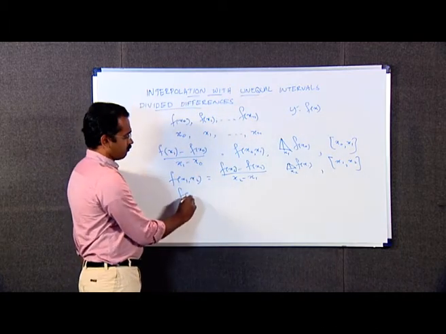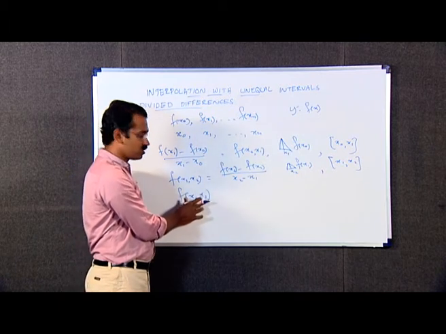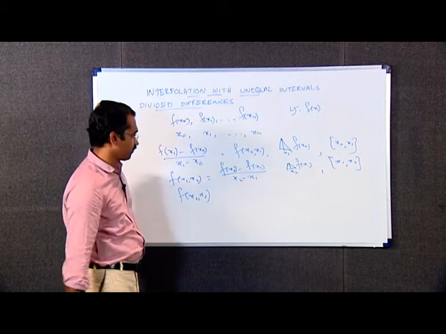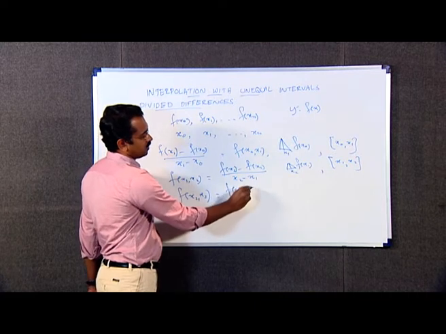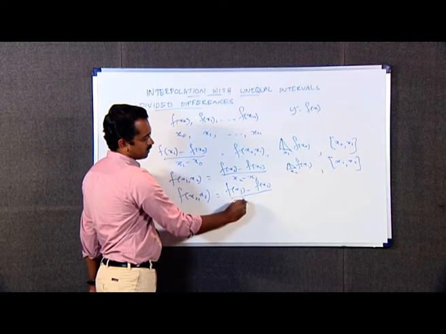Similarly, f of x2 comma x3, that is the first order divided difference corresponding to the arguments x2 and x3, is equal to f of x3 minus f of x2 divided by x3 minus x2.